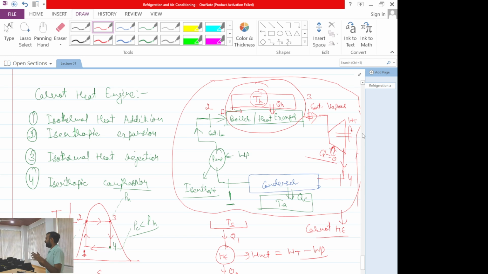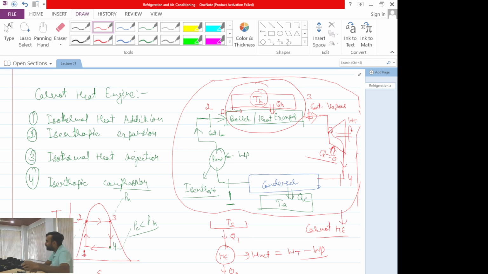If the working fluid enters at an infinitely small pace, it will get sufficient time for heat transfer to take place. So if this process has to be achieved in an adiabatic fashion, and one fluid element enters at this point, it should move infinitely fast so that it does not get sufficient time to exchange heat with the surroundings. So one component requires that the working fluid flow at an infinitely small flow rate, and the other component requires that the working fluid flow at an infinitely high rate.